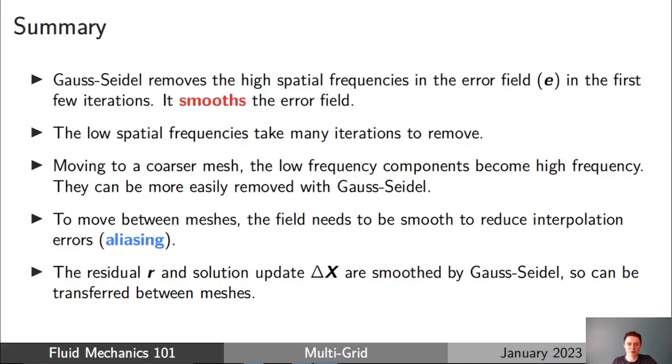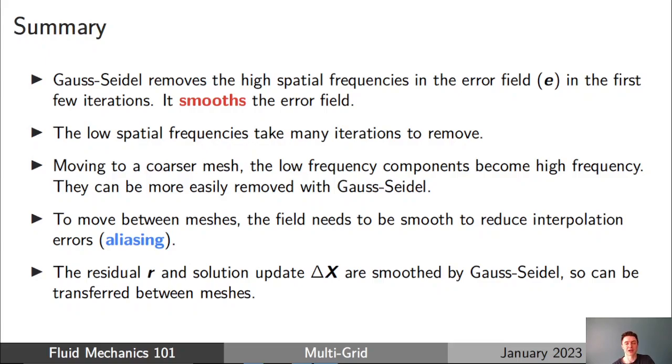So just a quick summary of what we've talked about today. The Gauss-Seidel algorithm is really effective at removing the high spatial frequencies in the error field in the first few iterations. This is described as smoothing the error field, which is why Gauss-Seidel is often called a smoother and not a solver in the context of the multigrid method. It is otherwise identical. And what we want to do in the multigrid method is move to a coarser mesh, because that means that the low frequency components of the error field are now high frequency and they can be easily removed by the Gauss-Seidel algorithm.